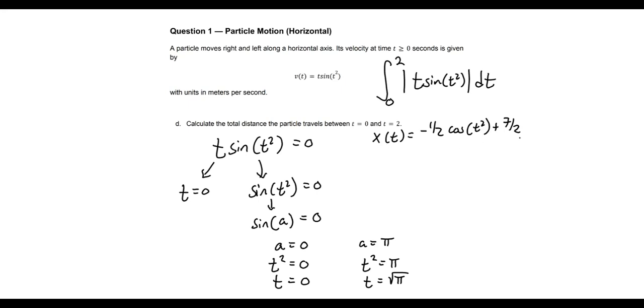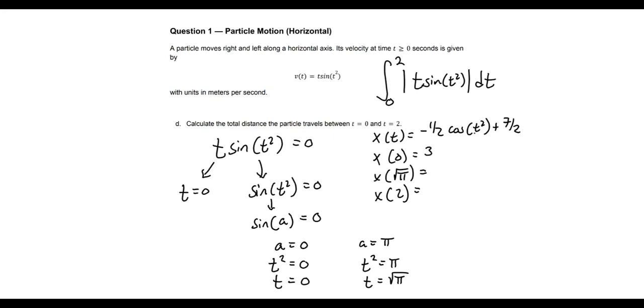Now you'll see I've gone back here and I found our position equation, because what we're going to do is take 0 and the square root of pi, and we're even going to take one more point here. We're going to take t equals 2 and plug that in, and we're going to see what we get. So if you plug 0 in, that's going to turn into 1. -1/2 times 1 is -1/2, plus 7/2 is 6/2, which boils down to 3.